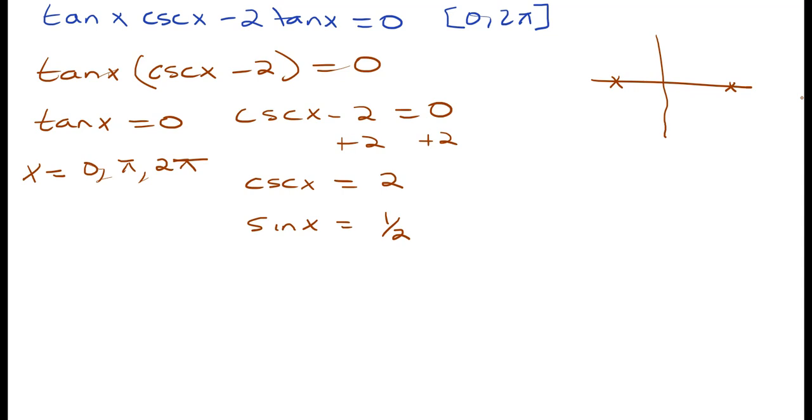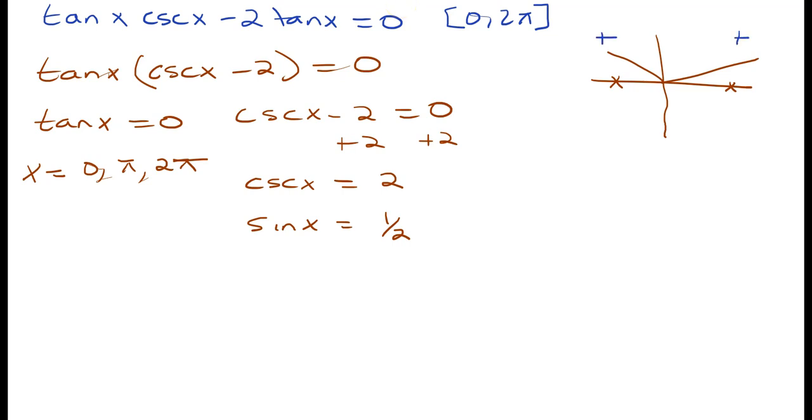And then sine x equal to 1/2. So our reference angle there is going to be pi over 6. So we have pi over 6 here, and then we have pi over 6. Remember, sine is only going to be positive right here and right here.